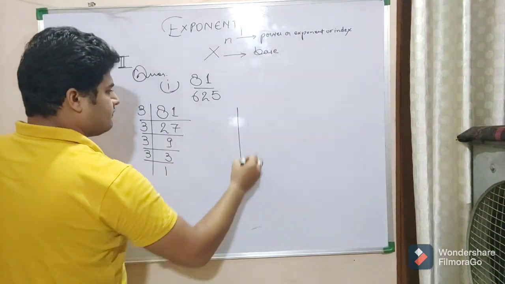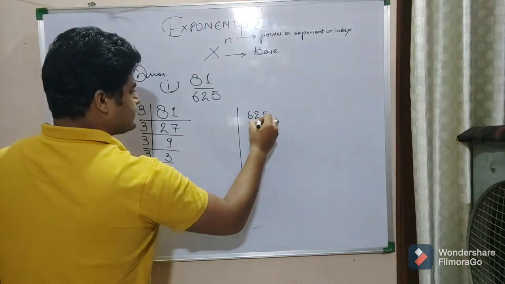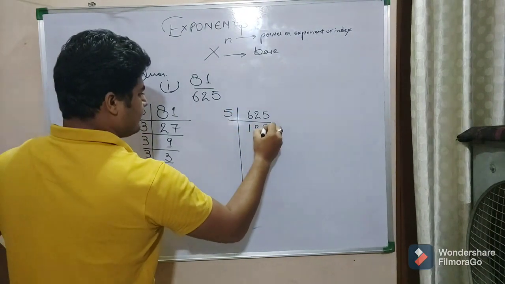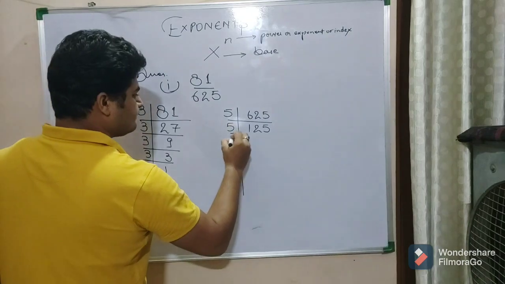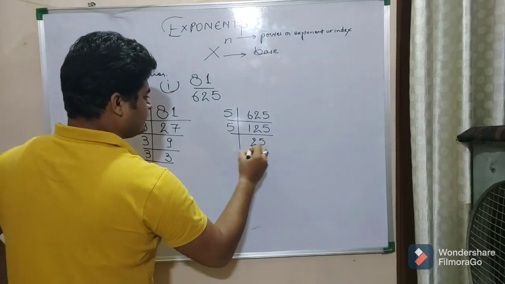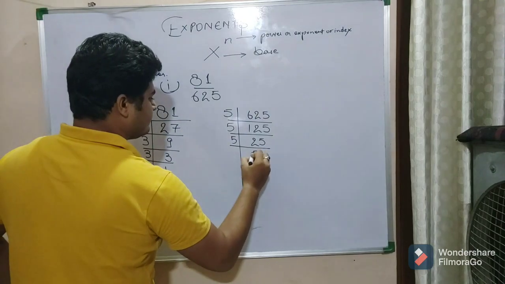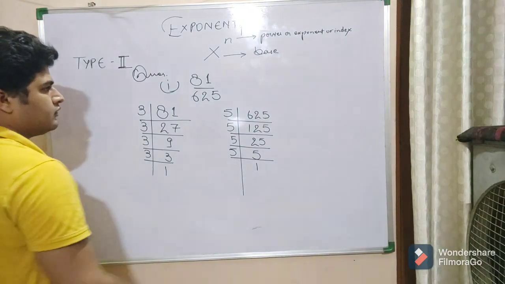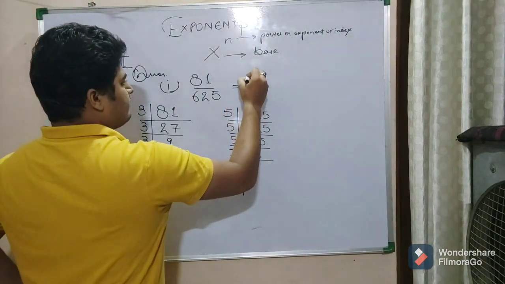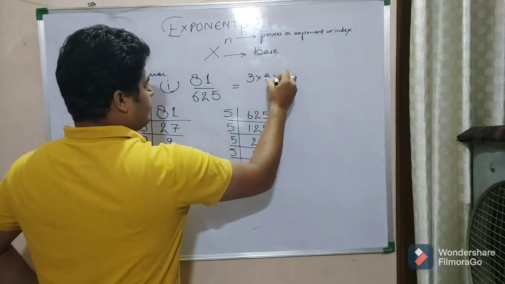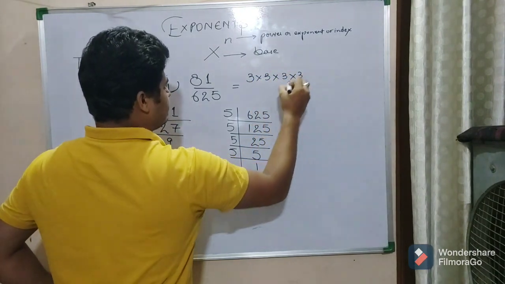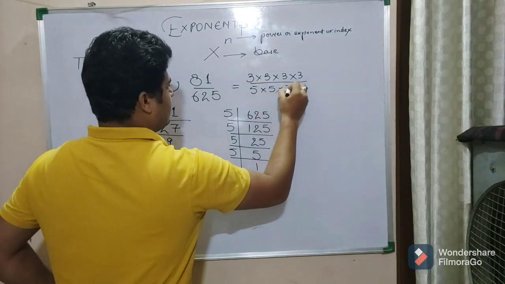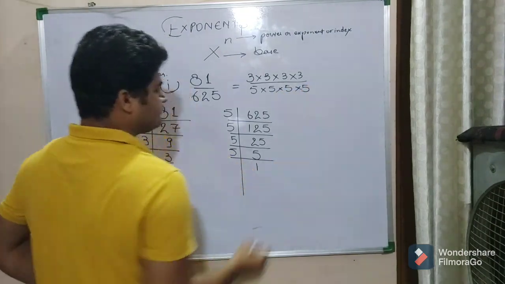And also find out the factors of the denominator, that is 625. Divisible by 5, 125 times, divisible by 5, 25 times, divisible by 5, 5 times, divisible by 5, 1 times. So 81 upon 625 can be written as 3 multiplied by 3 multiplied by 3 multiplied by 3, and 625 as 5 multiplied by 5 multiplied by 5 multiplied by 5.